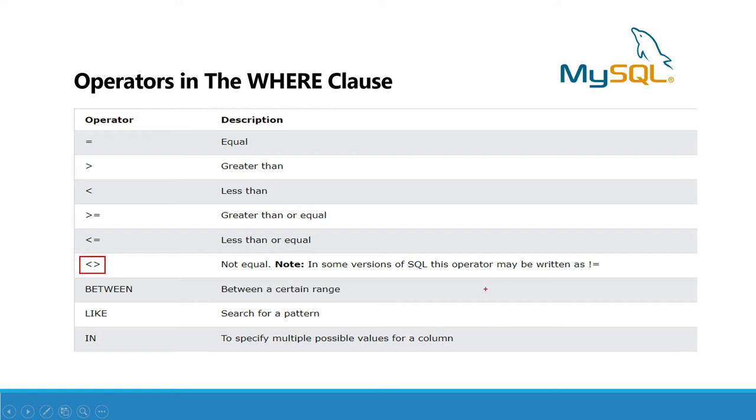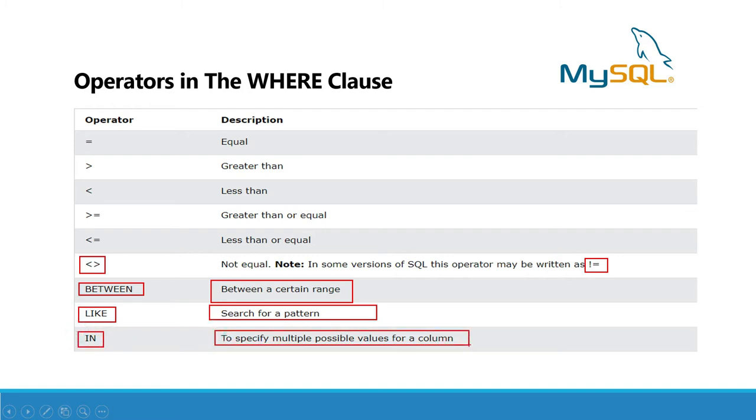This is not equal, and you can also specify not equal in something like this. Then between, if you want to select something between a certain range, you can use that. You can also use the like operator for pattern search. And finally in, to specify multiple possible values for a column.